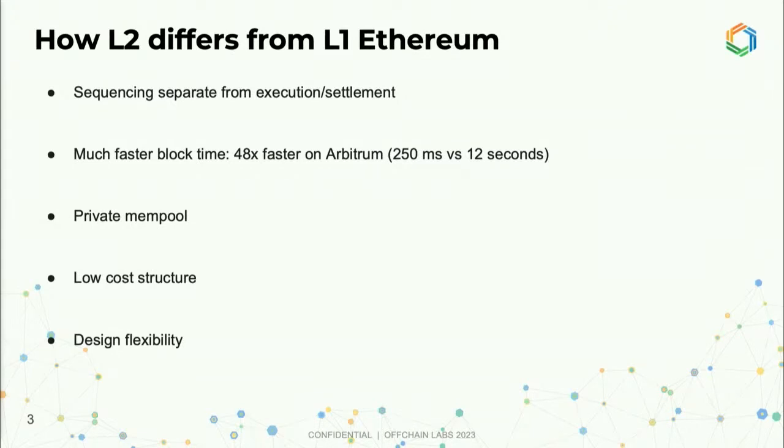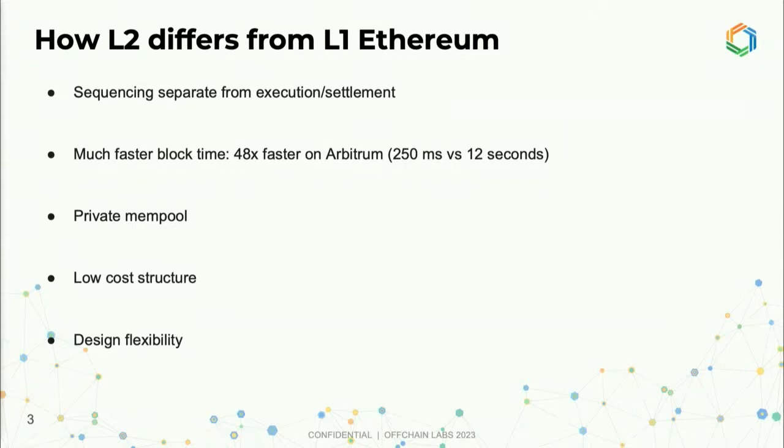There's a private mempool by default. Unlike the public mempool and the peer-to-peer gossip that goes on on Ethereum, where maybe you have some private order flow but the default is a public mempool, in L2 typically the default is a private mempool. There's a very low cost structure on L2s, and that means costs that might be negligible for an L1 might appreciably add to the cost on L2.